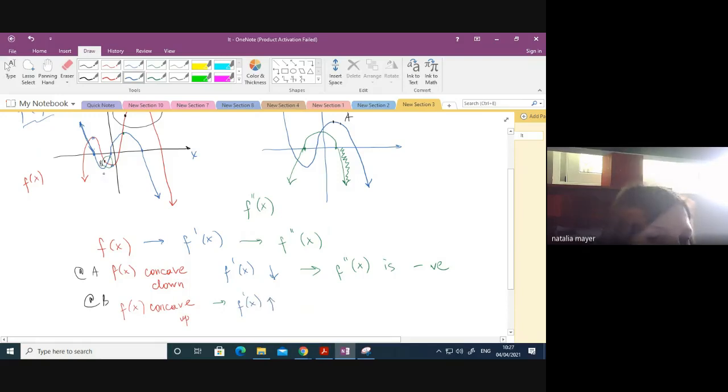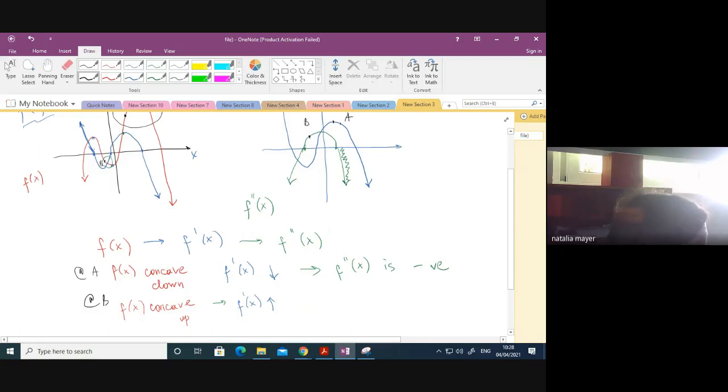Now, the derivative function here is increasing, it has a positive slope. What sign will the second derivative have? Is it going to be positive or negative if the slope of the first derivative is positive? It's going to be positive, because when you were sketching this part, it's after the zero, so the point B is somewhere here.